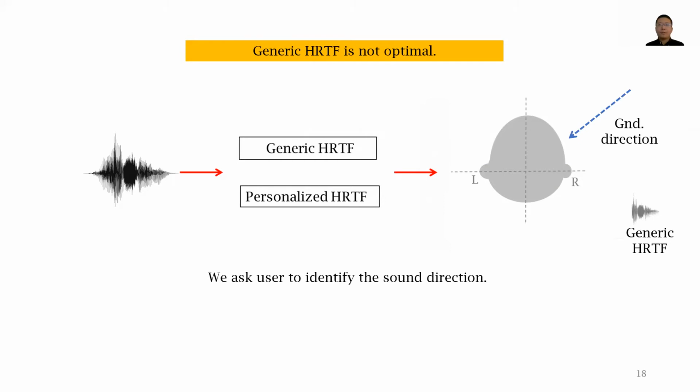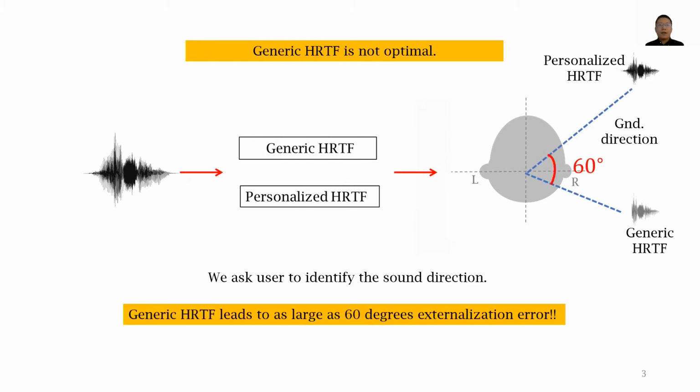And this is the user's perceived direction using a generic HRTF. And this is the perceived direction using the personalized HRTF. And we can see that generic HRTF leads to as large as 60 degrees externalization error. So it is obviously not good enough.